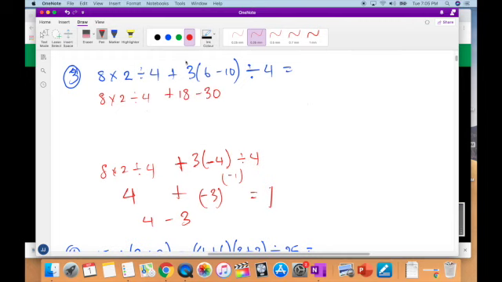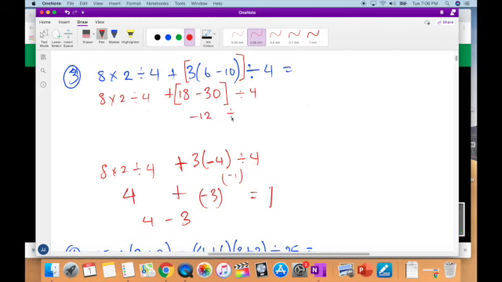But remember, this whole thing was being divided by 4. So that means that this plus 18 and negative 30 had to be divided by 4. Is that what you did? So 18 minus 30 is negative 12. Is that what you got?